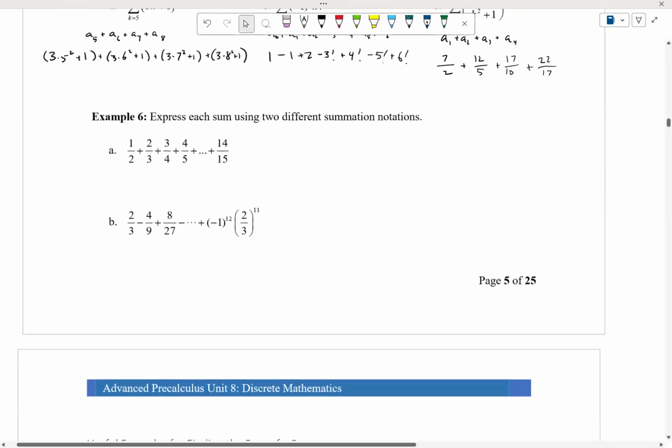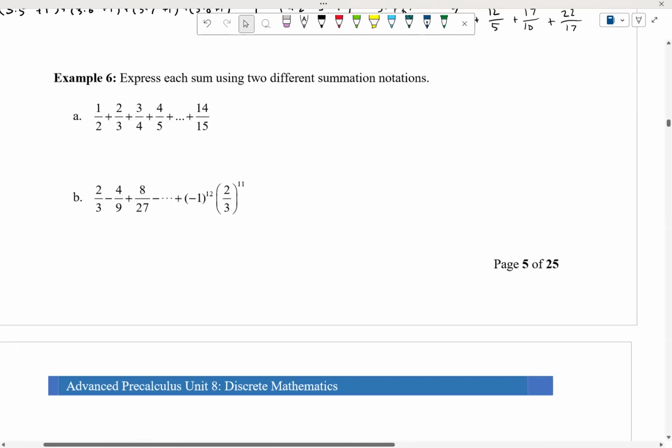Okay, doing great. Now it does say express each sum using 2 different summation notations. Let's just do 1 first. I'm going to put a line here so we have stuff on the left, stuff on the right. There's a natural one first. Just do 1 for the first one, 1 for the second one. So you're going to be writing that sigma.